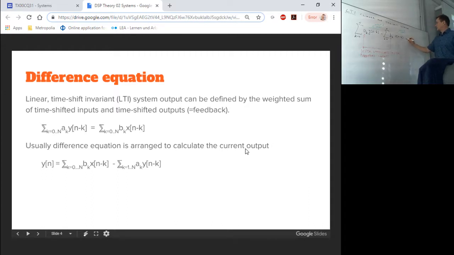The difference equation is usually marked as how to calculate the current value, y of n.